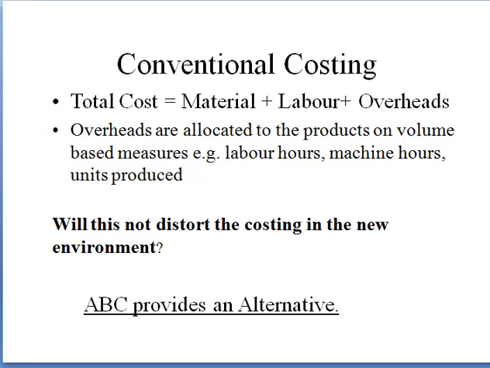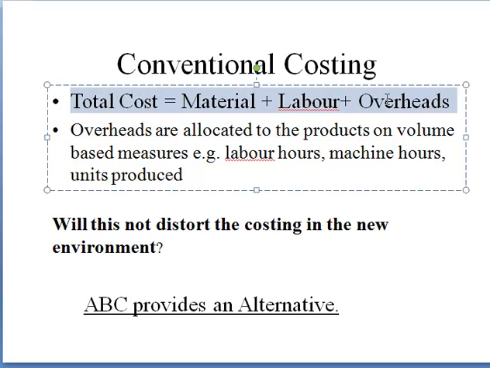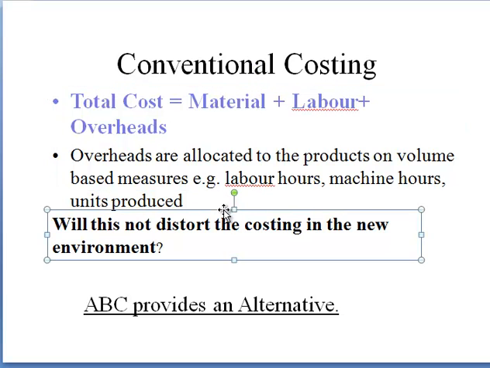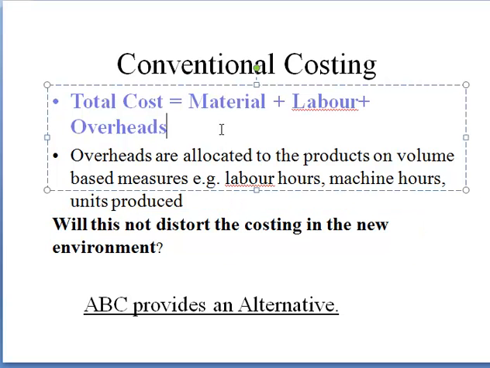In conventional costing, there are several ways, but total cost can be computed as material plus labor plus the overheads. Just add them together. We know that material and labor may not be a problem, but the problem may be with respect to the overheads.